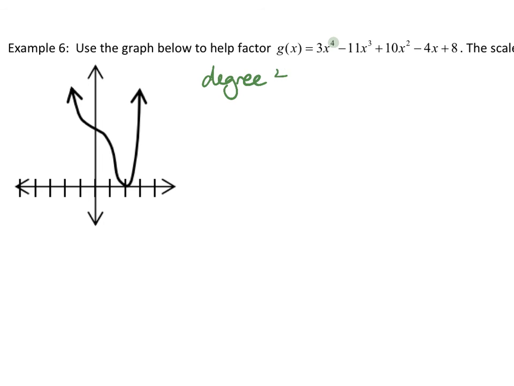Degree is 4. How many real solutions are shown on the graph? There's one real solution shown. One real zero shown.